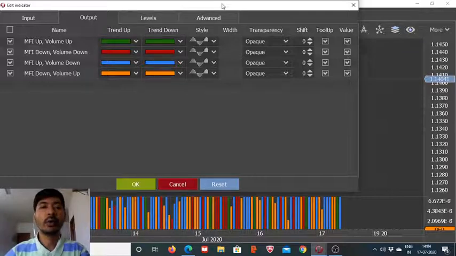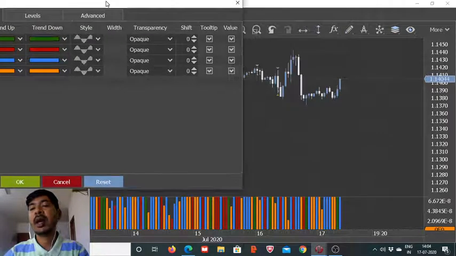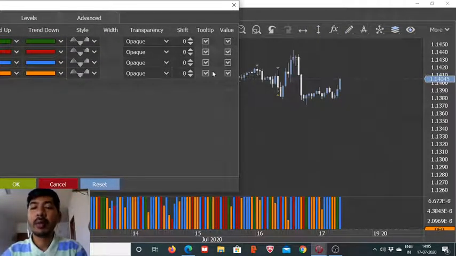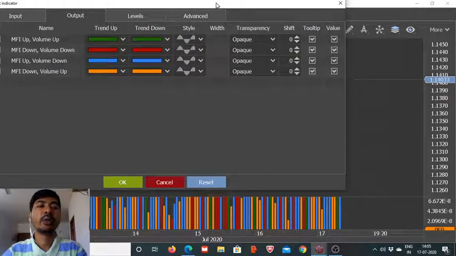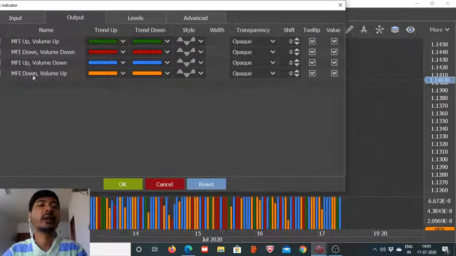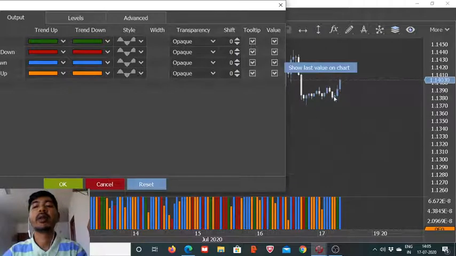Whenever you have this green bar, you see that as strong momentum being present in the underlying instrument, and then you take a look at the price action, how that particular candle has closed, and that way you can think about going in for a fresh trade. Or you can use this possible reversal sign, the MFI going down and volume going up, as a possibility of reversal taking place, and then you can plan accordingly.